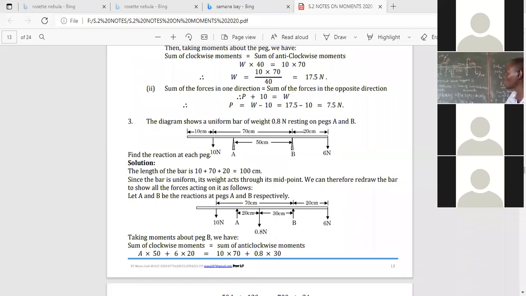State the principle of moments properly.